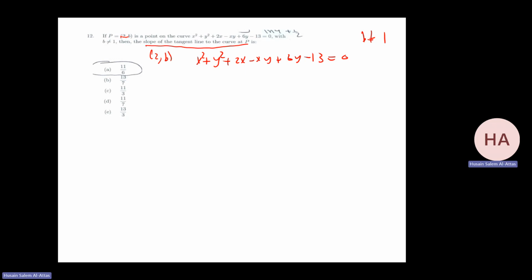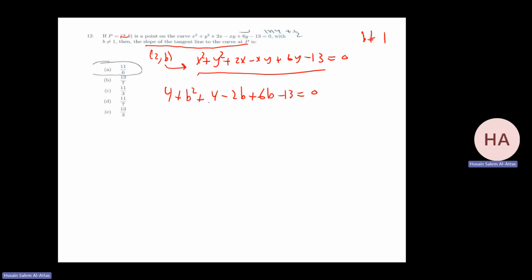The catch is what? The same thing, you will differentiate with respect to x and try to find y'. This is what I'm looking for, but I have b here. So what I will do, I will substitute this point in the curve and try to find b. So I have 4 plus b squared plus 4 times 2 minus 2b plus 6b minus 13 equals 0.